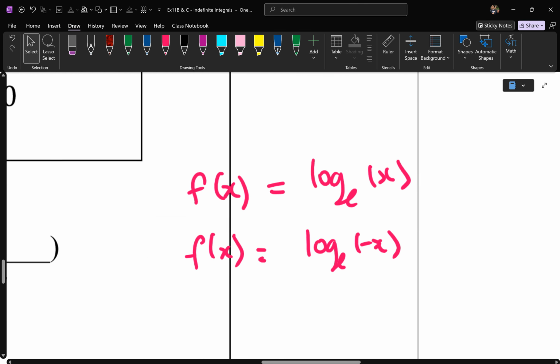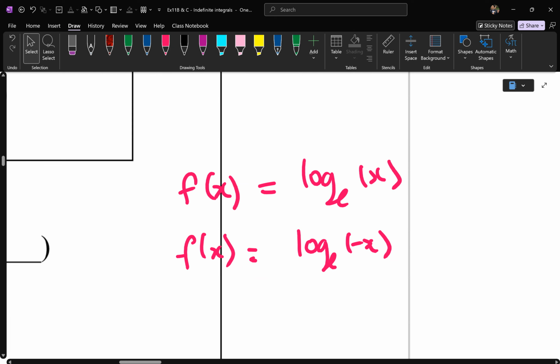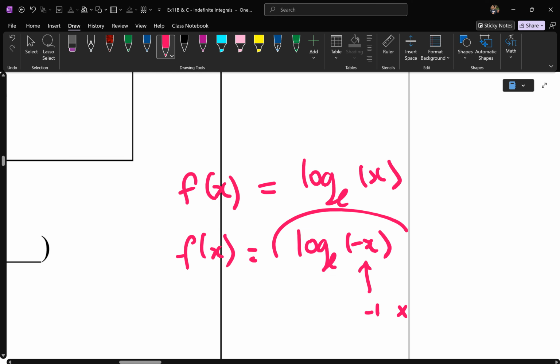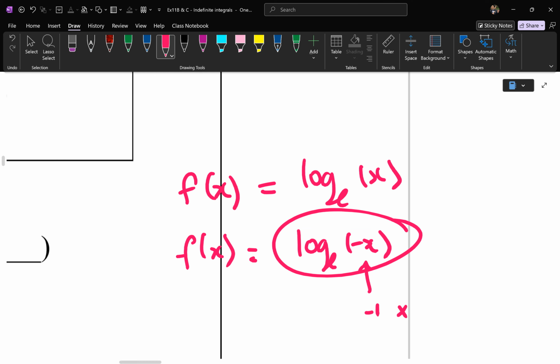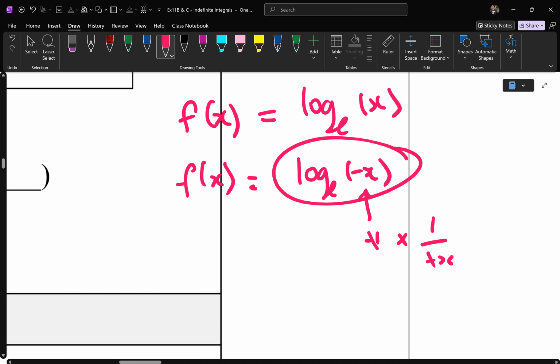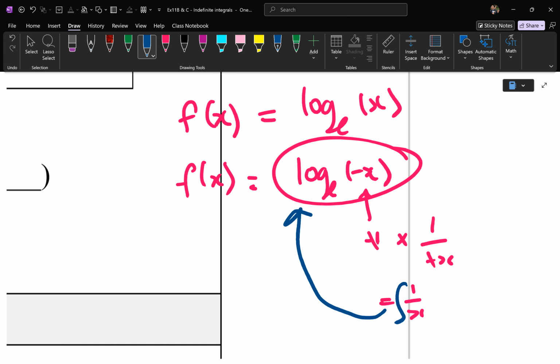So here, if you find the derivative of the inside, it would have given you a negative 1 times the derivative of log e of negative x, which becomes 1 on negative x, and conveniently, the double negatives cancel out, and you end up with 1 on x. So that means when you anti-diff 1 on x, it could be log e of negative x, or it could be log e of positive x.